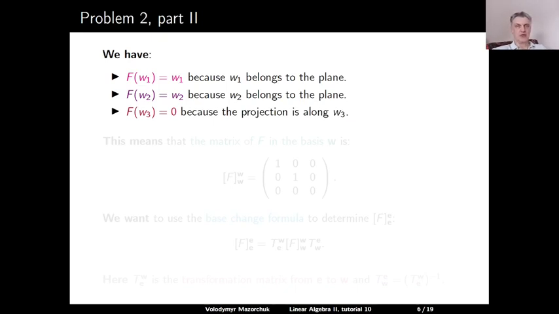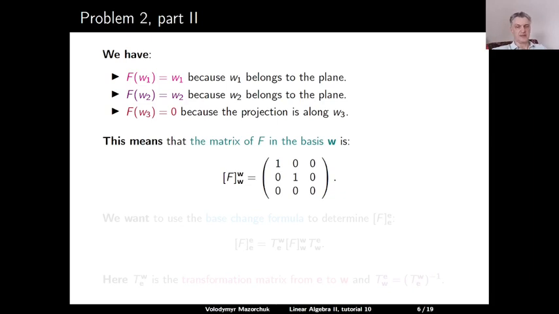So W3 goes to 0. This means that the matrix of F in our basis W is the matrix 1, 0, 0, 0, 1, 0, 0, 0, 0. This is a diagonal matrix with 1, 1, 0 on the main diagonal because of this computation.